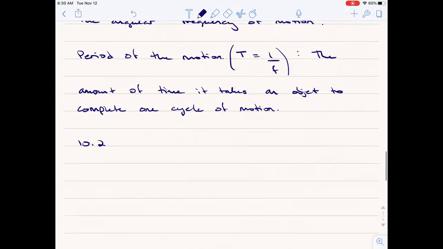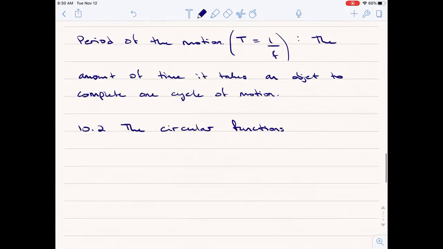10.2 is on the circular functions sine and cosine. Uh-oh, we knew it was happening. But here we are. So we've already used SOHCAHTOA, right, to solve for angles and sides, right?